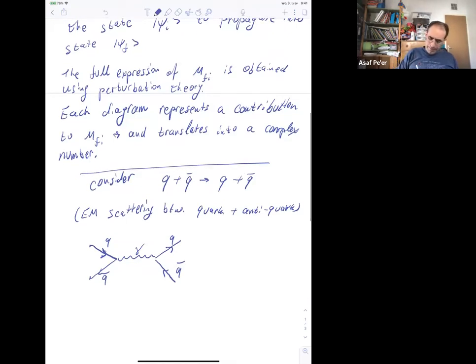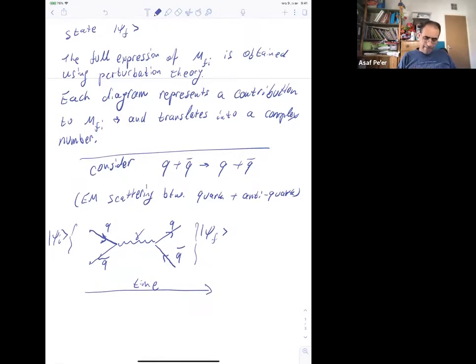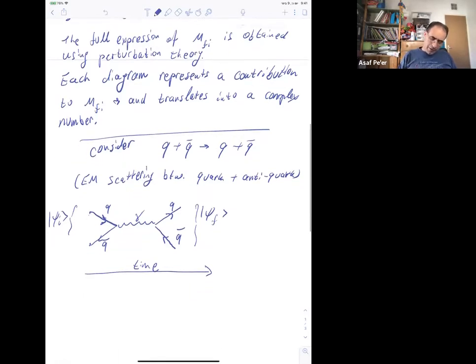Again, time flows in this direction. So this is the incoming particles, psi I. This is the outgoing particles, psi f. So the external lines are the initial and final states.